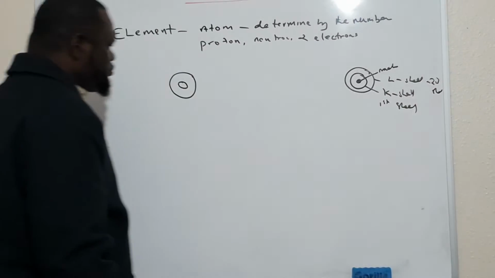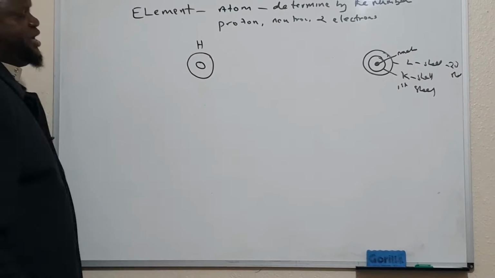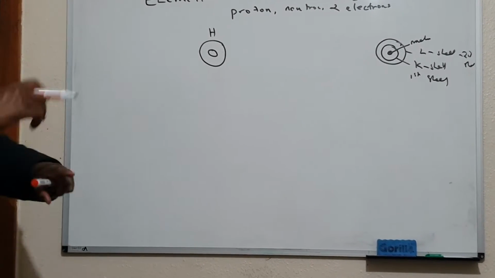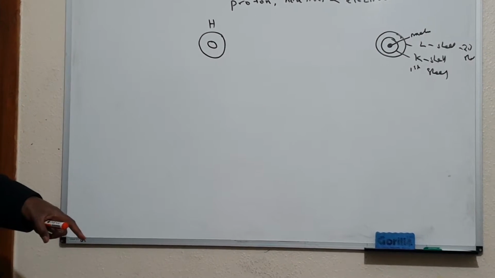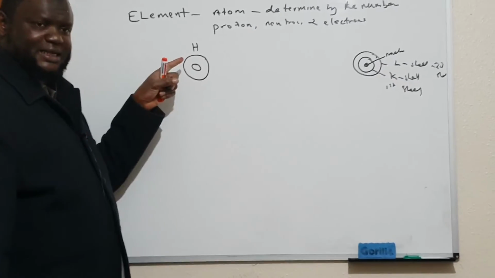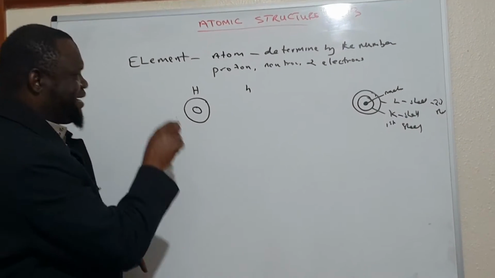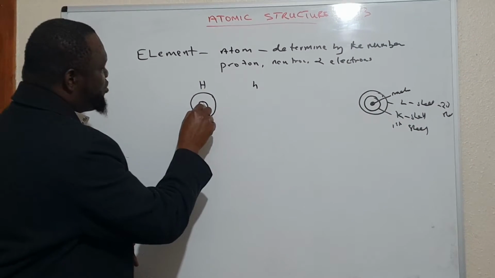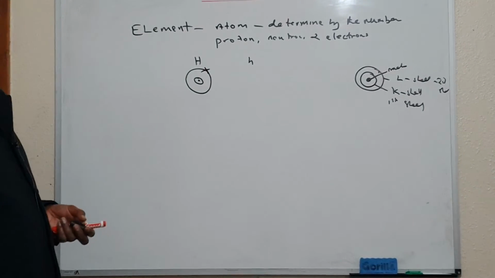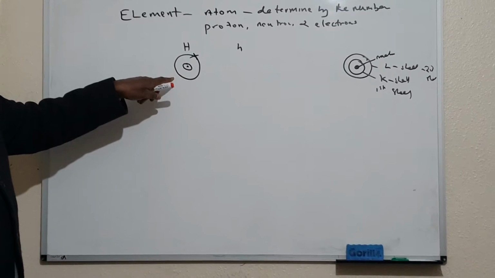Now for hydrogen, we are going to do the symbol today: how the symbol of an element is written. Hydrogen is written as H, capital H. Don't ever write it in lowercase. There is one proton and one electron in the atom's shell.